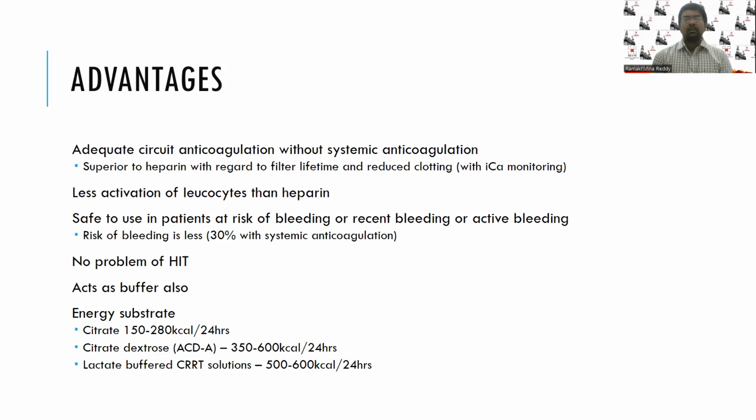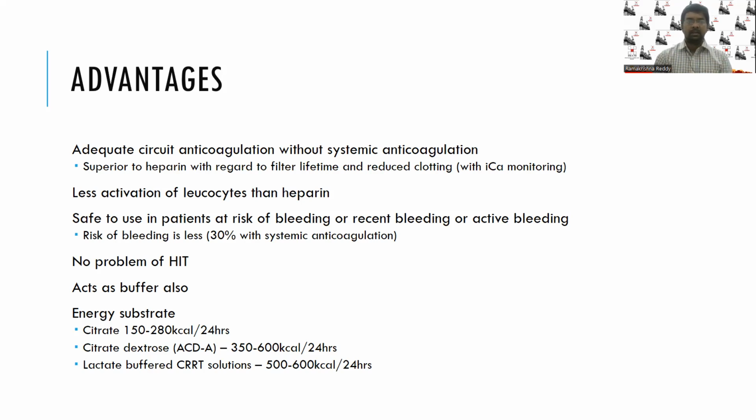And we all know that the risk of bleeding with systemic anticoagulation is about 30%. By using citrate anticoagulation, the chance of bleeding is very low. So it is safe to use in patients who are at risk of bleeding, have had recent bleeding, or are actively bleeding. As you are avoiding heparin, there is no problem of heparin-induced thrombocytopenia.